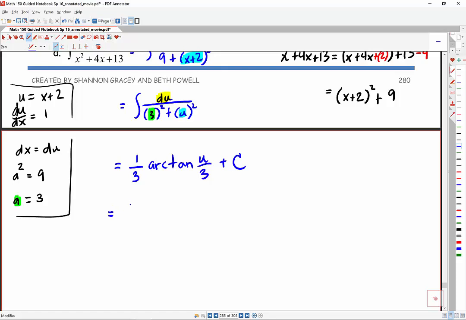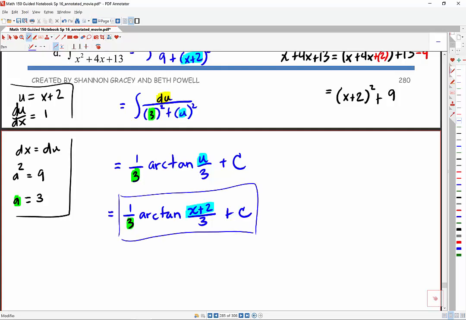And that gives us 1/3 times arctangent of x plus 2 over 3 plus c. So our u was x plus 2, and our a, again, is 3. Okay? And we're done. How you doing so far? Awesome.